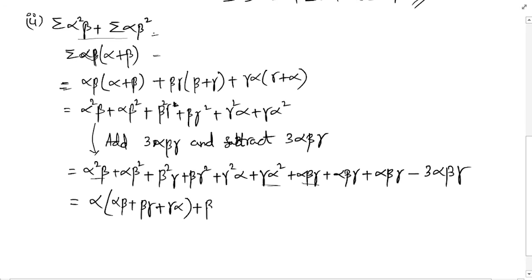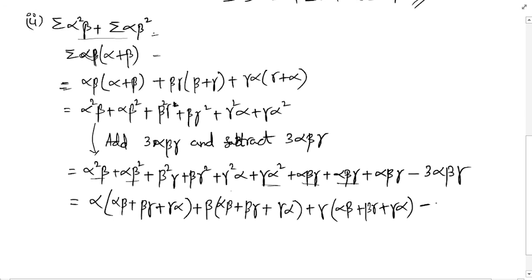Then plus beta, in the same way, alpha beta plus beta gamma plus gamma alpha again, and then in the same way take gamma as common, and write alpha beta plus beta gamma plus gamma alpha.